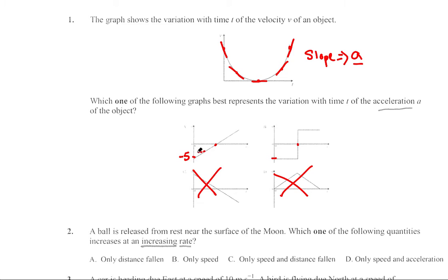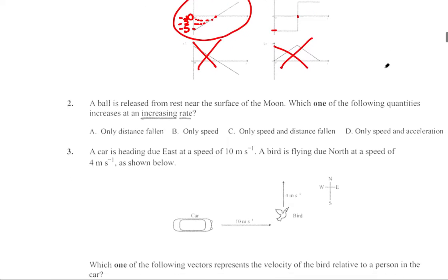Sometime later it's going to be -3, sometime later -1, and then eventually 0, which is at that point right there. So this is my correct answer. But it's absolutely critical that you know the definition of acceleration: since this is a velocity versus time graph, delta v over delta t is my definition of acceleration.